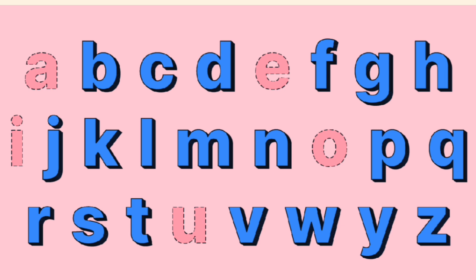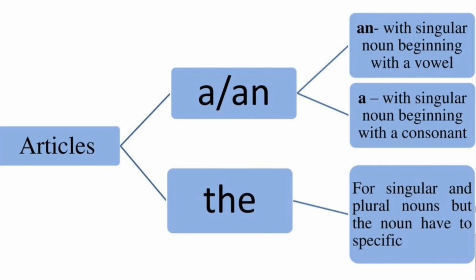The article a is used to indicate a non-specific or non-particular noun. And an is used before words that begin with a vowel sound like A, E, I, O, U. The article an is used to indicate a non-specific or non-particular noun.